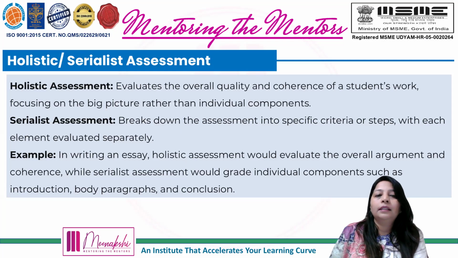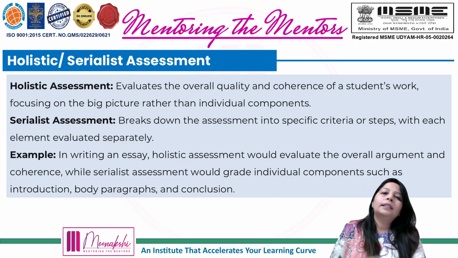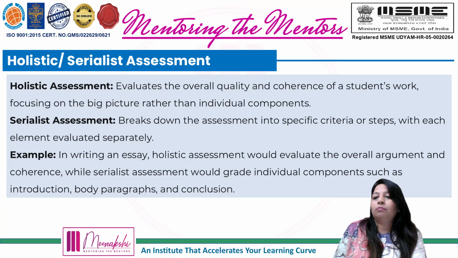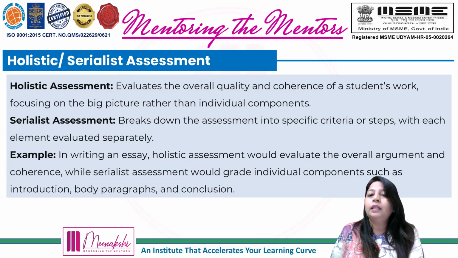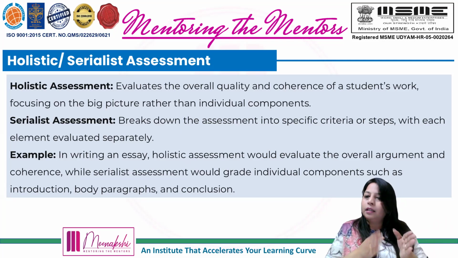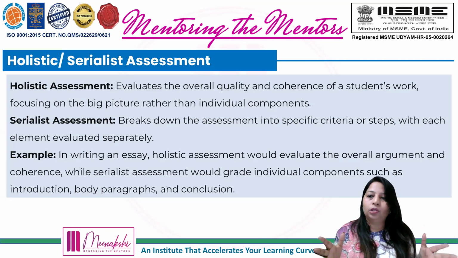Next, this is holistic and serialist assessment. What's the difference between that? Holistic assessment evaluates, as the term even suggests itself, the overall quality, the coherence of the students' work, focusing on the bigger picture rather than the individual short concept, like how the child is using this information, this knowledge as a bigger picture, right?